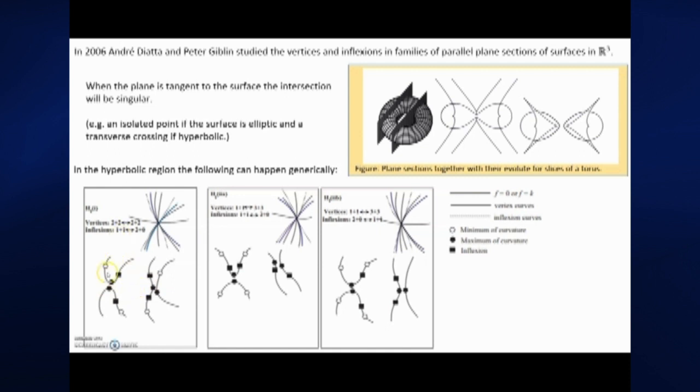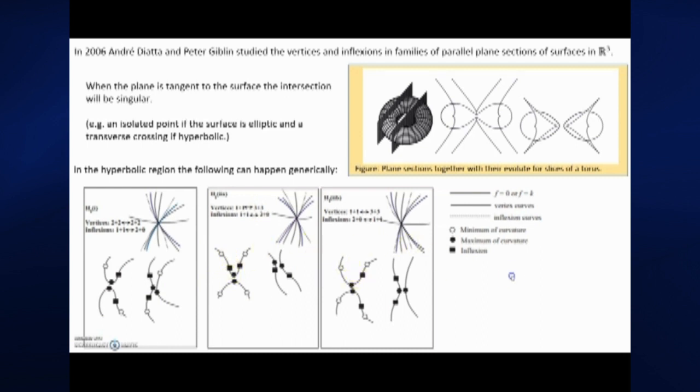So the circles represent the vertices, either as maximum or minimum of curvature, and in this scenario the number of vertices is 2 plus 2 on either side, so you have 2 on this branch and 2 on this branch, and this remains the same under the bifurcation. In this scenario we go from 1 vertex on each branch to 3 vertices on each branch.